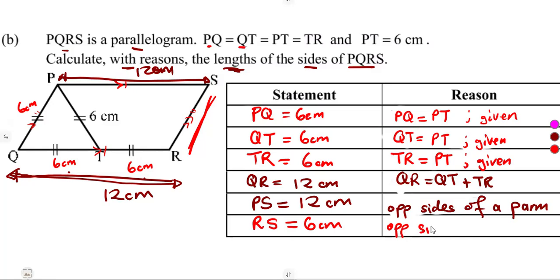Opposite sides of a parallelogram. These are where you have a reason from the property of the shape. You use that from the property of the shape, opposite sides of what? A parallelogram. You know that they're equal.